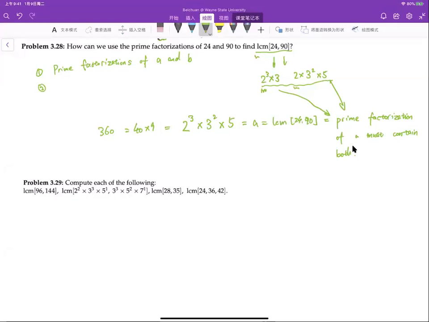And for each kind of prime, we need to pick the larger power. So the second step is to determine the power for each prime number.